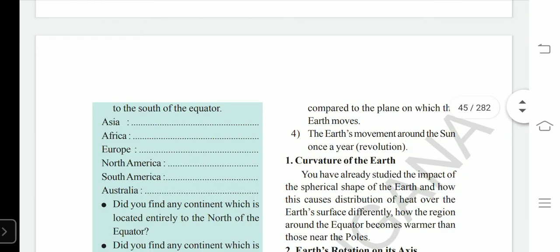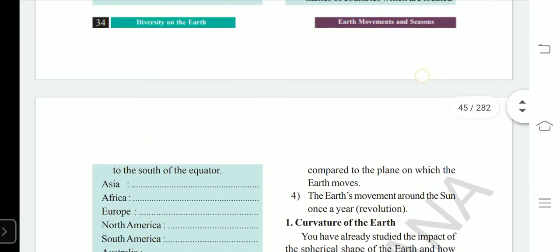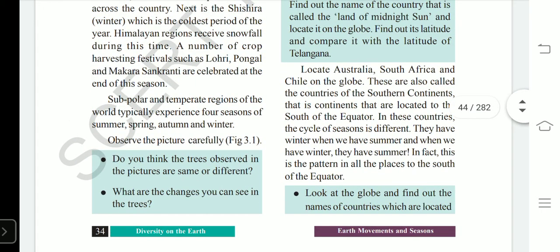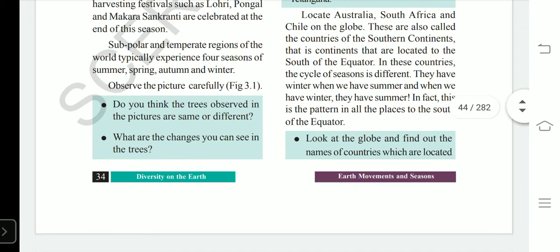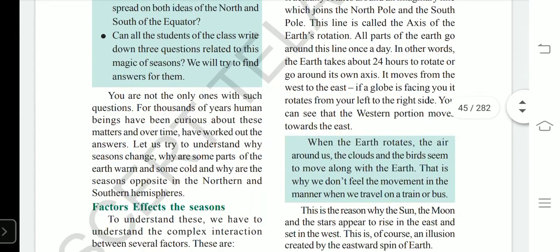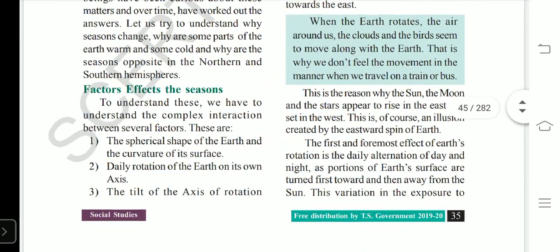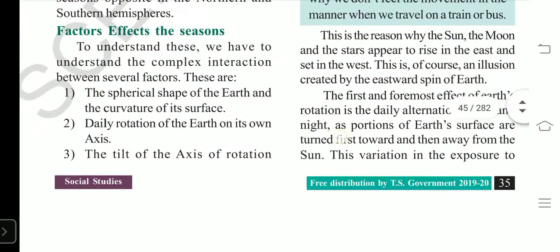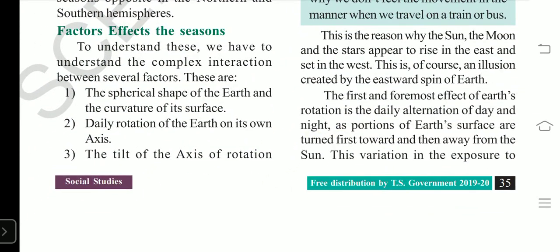To understand this, we have to understand the interaction between several factors.